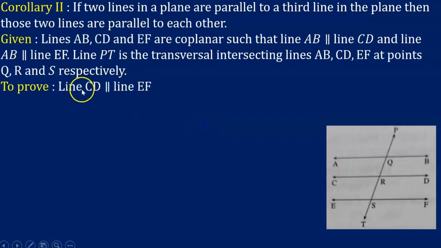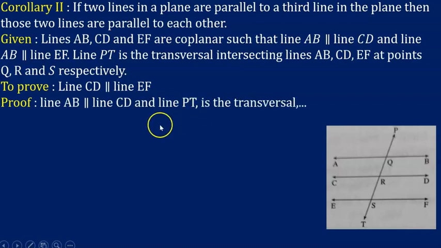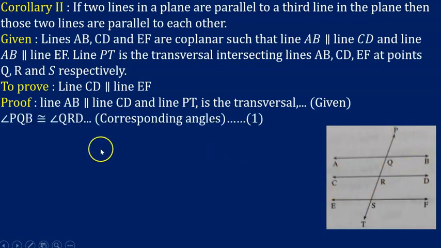To prove that line CD is parallel to line EF, proof. Line AB is parallel to line CD and line PT is their transversal.